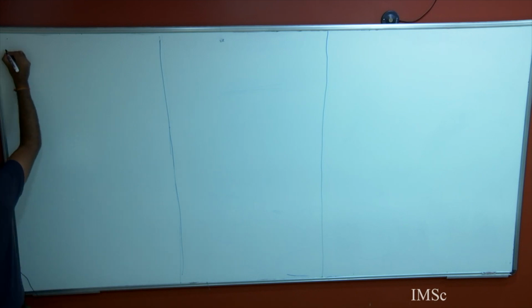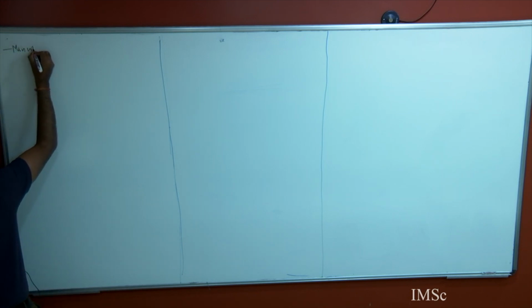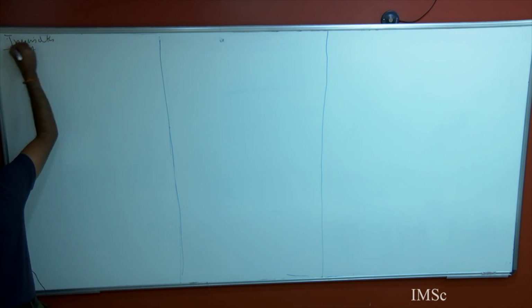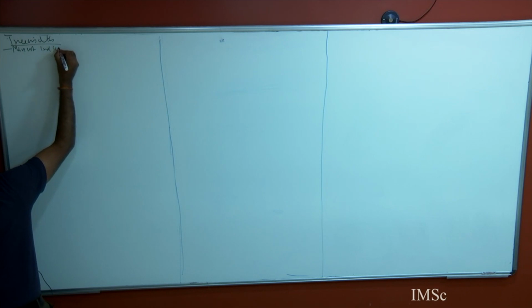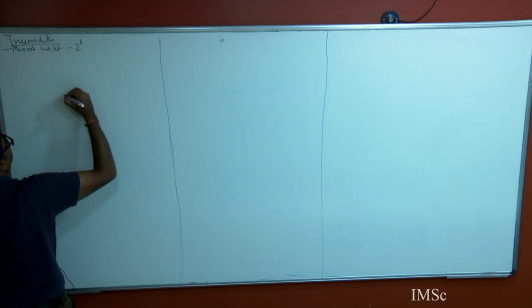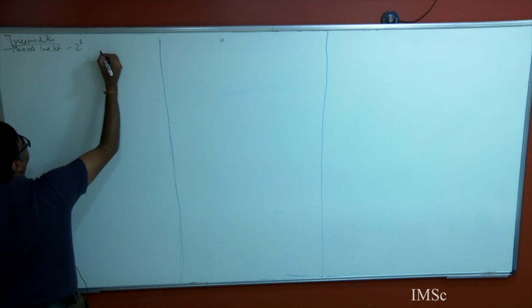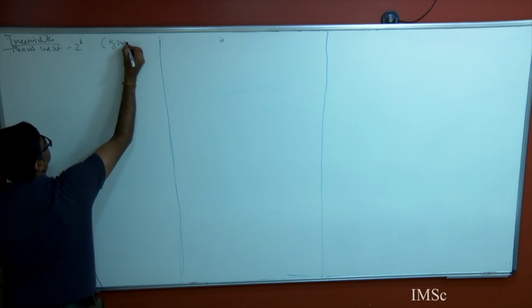So what we did yesterday is that for max weight independent set, we gave a 2 power k algorithm, ignoring polynomial factors.